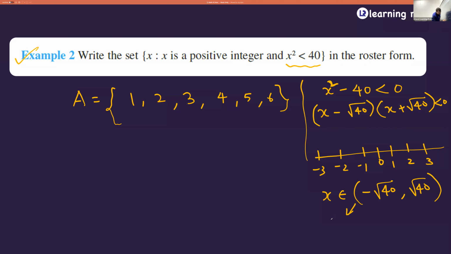So this is called as open bracket. You have heard of this? Yeah. Open bracket means the extreme values are not included. Okay. So having this in mind, I'm trying to say that this is the required set.